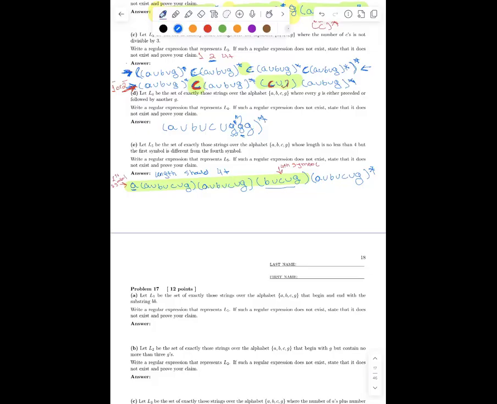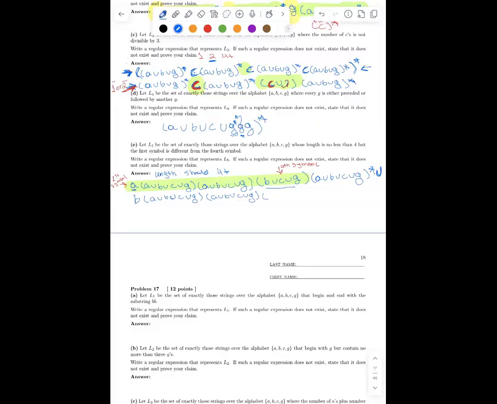But you can either start with B, so you need an OR, union. So if I start with B, again, I have A or B or C or G. This is length 2. A or B or C or G, this is length 3.